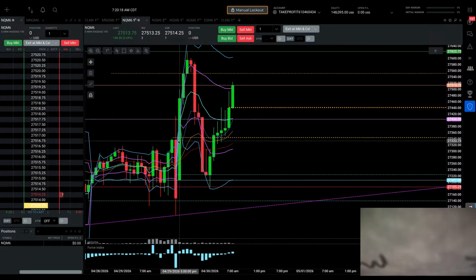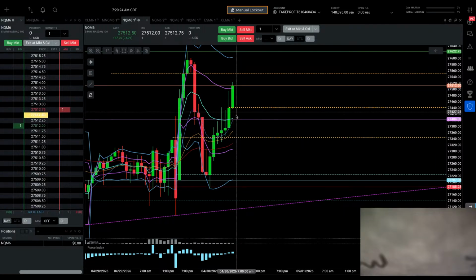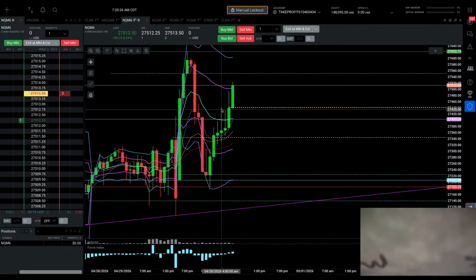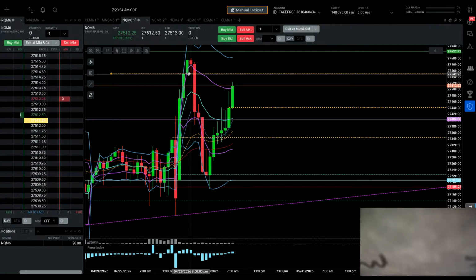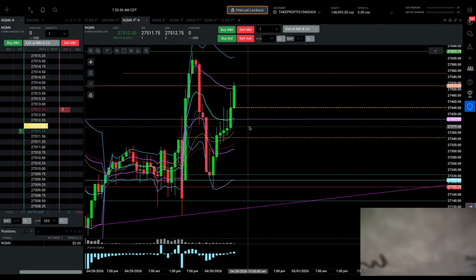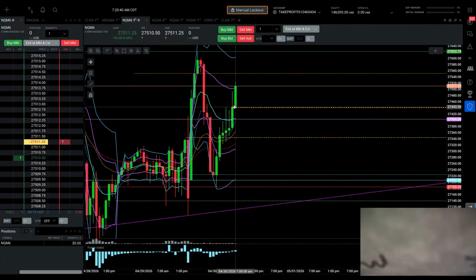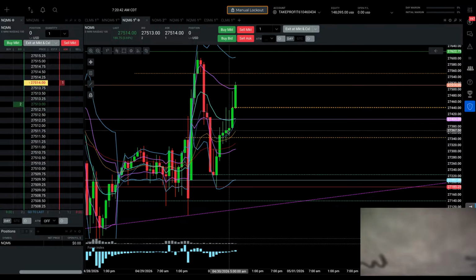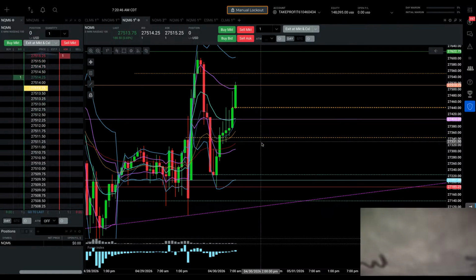And look what happens when you break this zone. Run up all the way to here, bro. Right where these wicks are, rejection, rejection, and then finally we held, and look what happened. Boom, we're blasting up to this point. So sometimes the strategy does need to be tweaked a little bit, but to these zones.